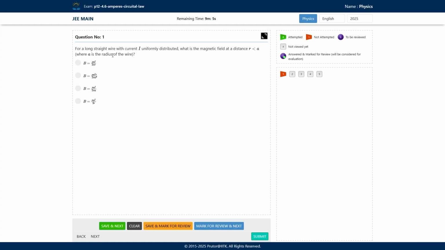For a long straight wire with current I uniformly distributed, what is the magnetic field at a distance r less than a, where a is the radius of the wire? So which expression have we discussed for an inside point? You have to comment the correct option as fast as possible.